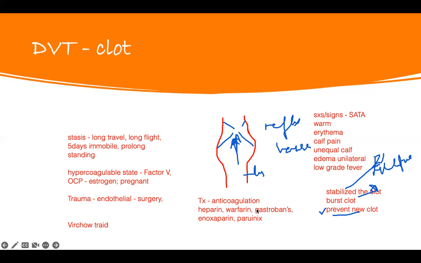Okay, then you have to teach them how to prevent it. So there are certain things you can do in a hospital to prevent clot formation.